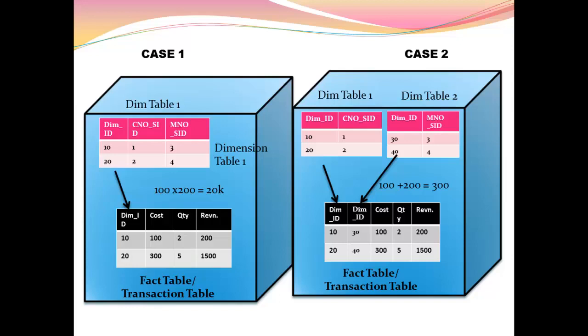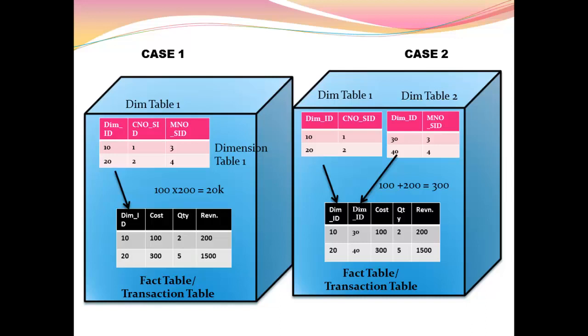Likewise, for all the 100 customers it would have all 200 products transactions. So in all we have 100 into 200, that is 20,000 transactions.